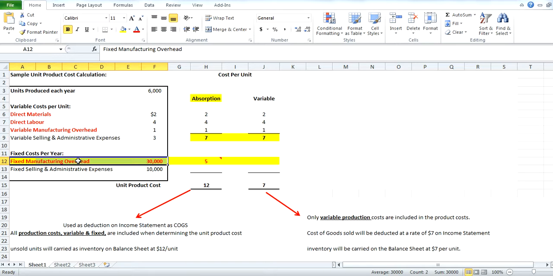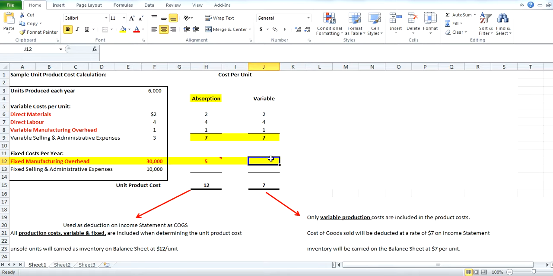So in the first few weeks, we talked about trying to isolate or determine what are our fixed costs and what are variable, and those that are fixed every month, the rent, the insurance, etc. Whether or not we produce units, we have to pay this money. Okay, so what the accountants that support variable costing are saying is, it doesn't make sense to include this as part of our cost because we have to pay this no matter what.